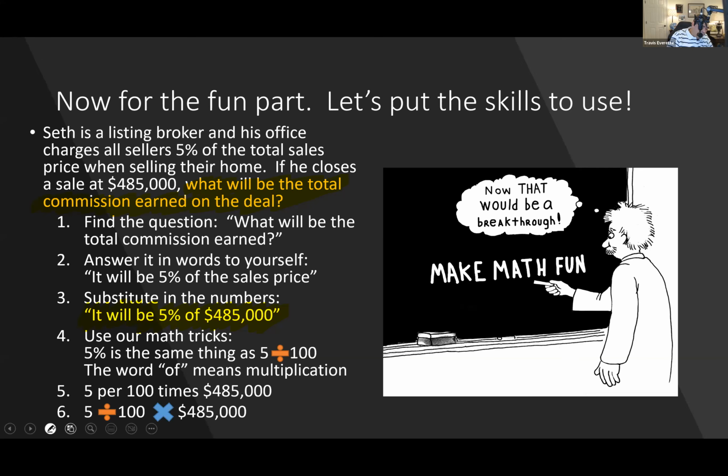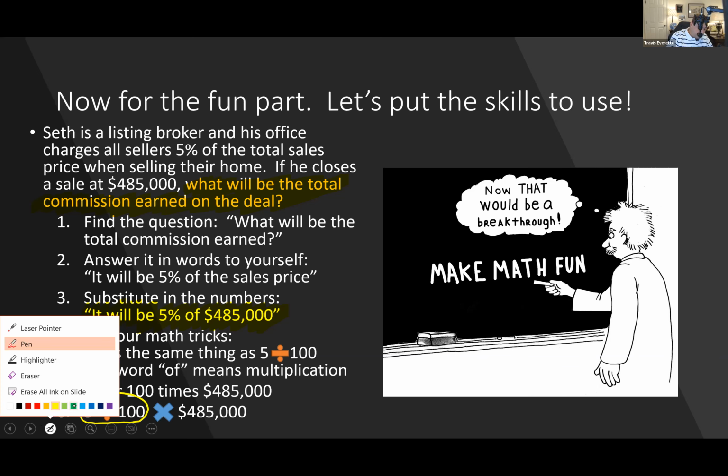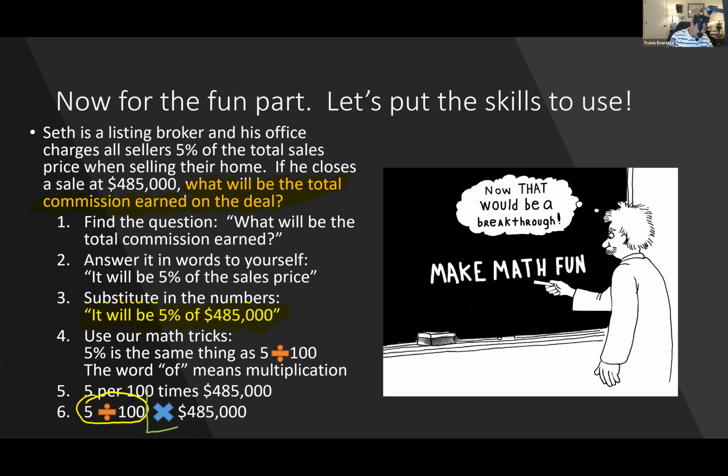So again, I'm going to walk through that one more time. 5% becomes 5 divided by 100, of, there's your multiplication step. And then the $485,000. That is exactly how you're going to type it into the calculator. You're not going to make it any more complex than that.